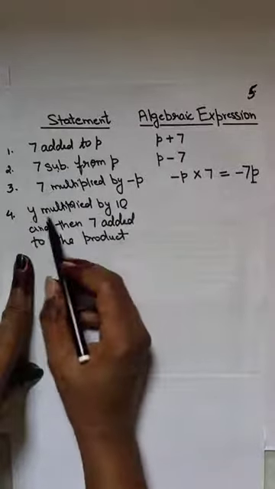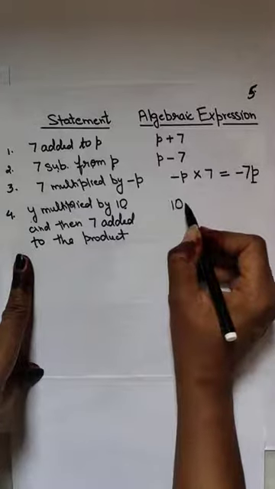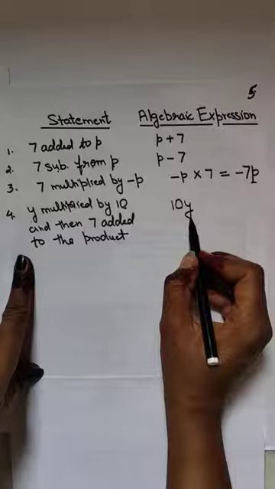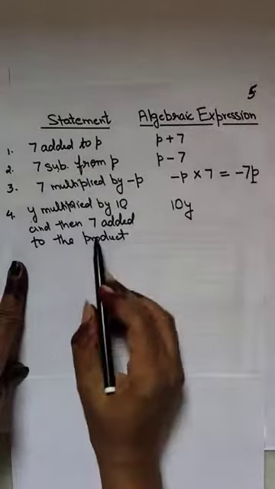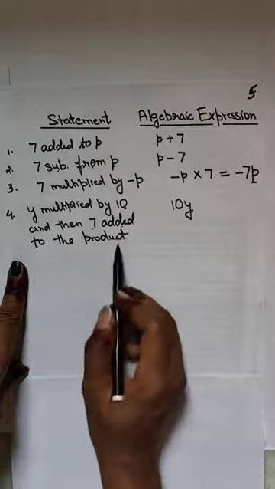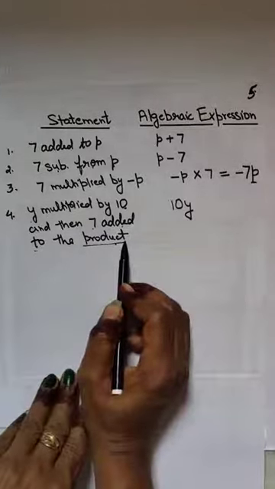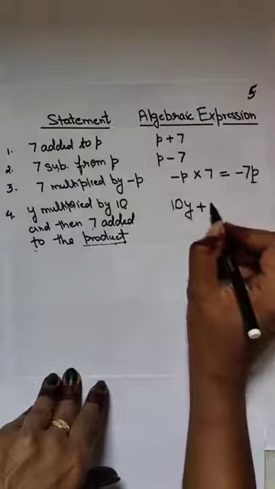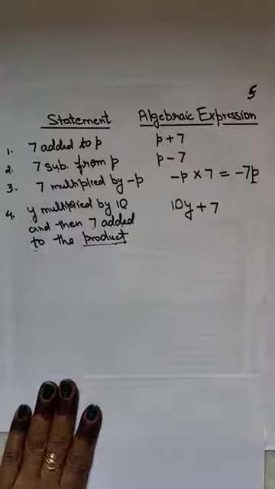You have to multiply y by 10. When you multiplied y by 10, it is 10y. I have told you that variable you will write down later. Okay. And then 7 you have to add to the product. What is the product? Product is the result of multiplication. That is 10y. In this you will add now 7. It is 10y plus 7.